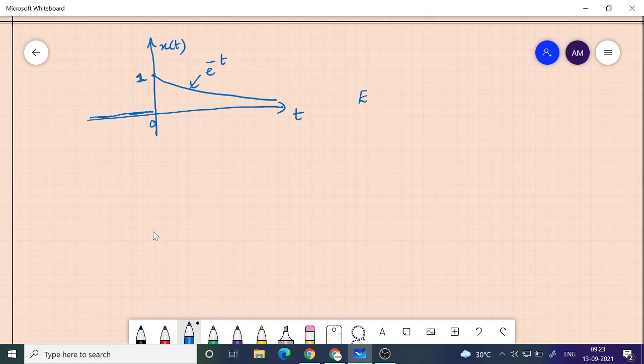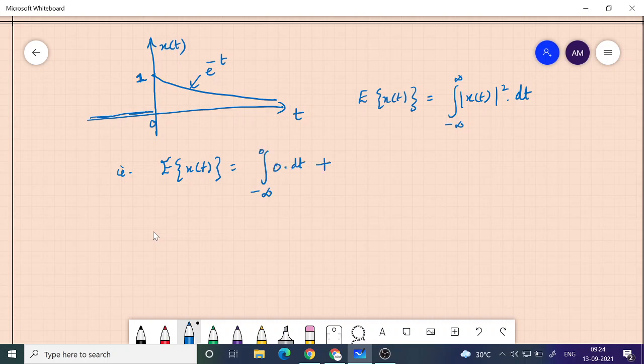The energy of the signal x of t is the integral from minus infinity to plus infinity of modulus of x of t squared, dt. So the energy of x of t is equal to, we will divide it into two parts: minus infinity to 0, this is 0, dt, plus 0 to infinity, e raised to minus t, modulus squared.